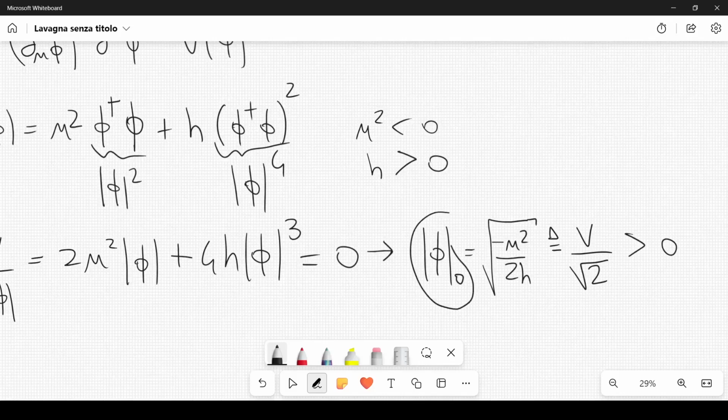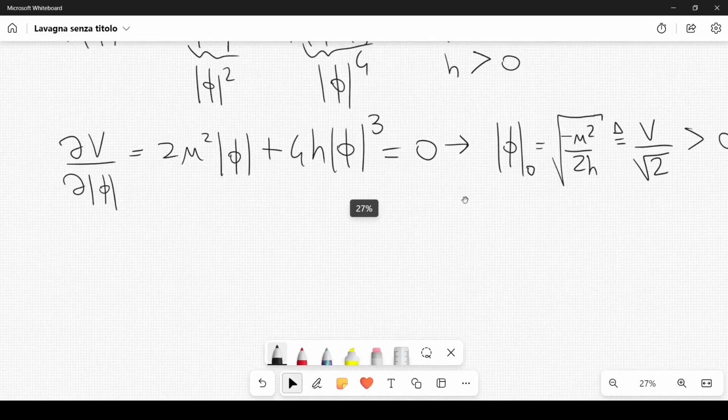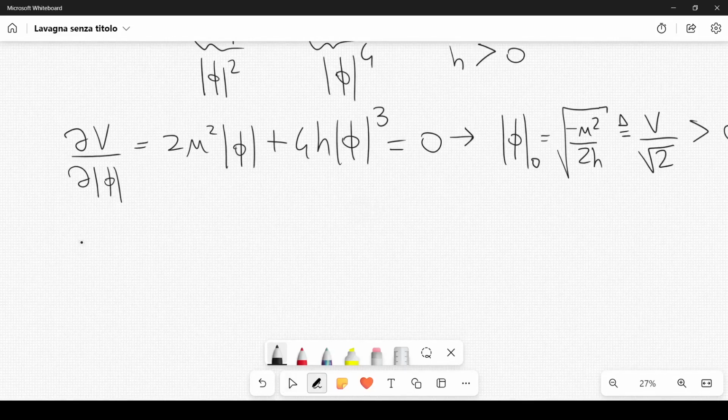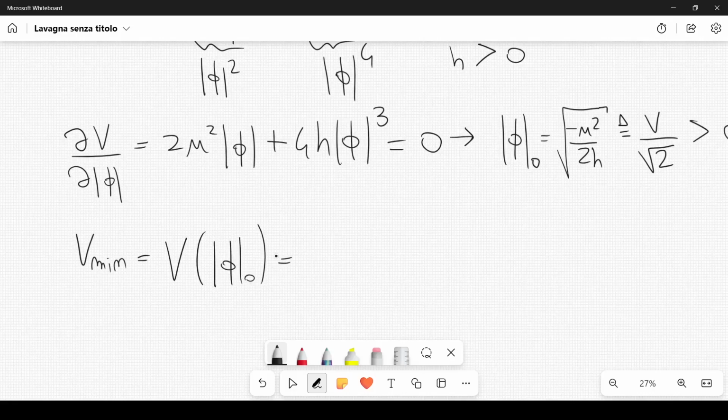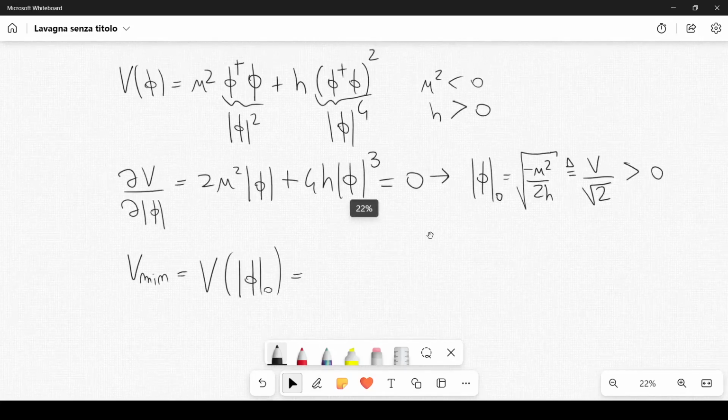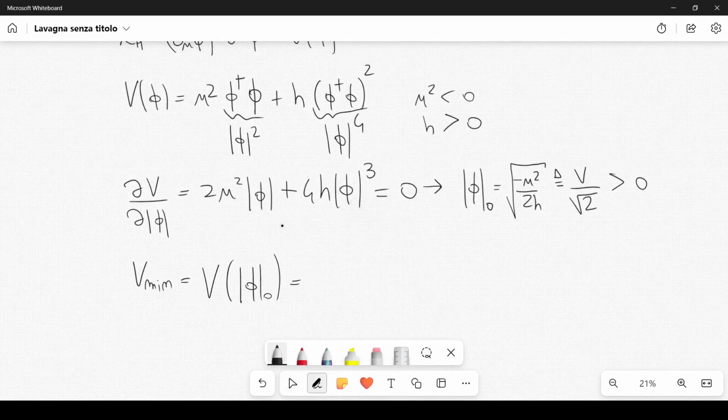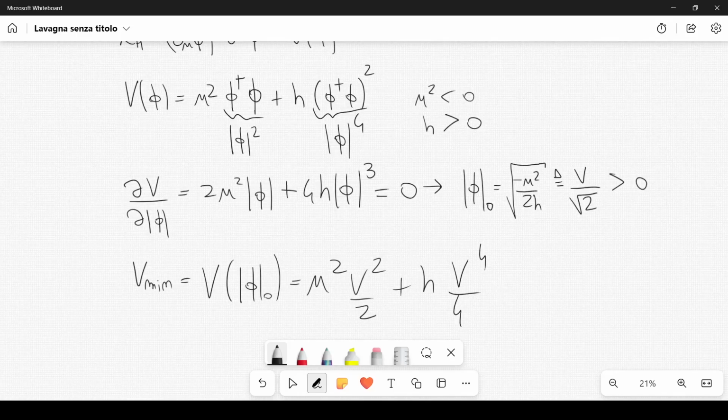So this value here is the value at which the potential is minimum, and it is greater than 0, as you can see. So the minimum value of the potential, V_min, is equal to V evaluated at the modulus of φ₀. If we check, it is just μ² times v²/2, plus h v⁴/4.